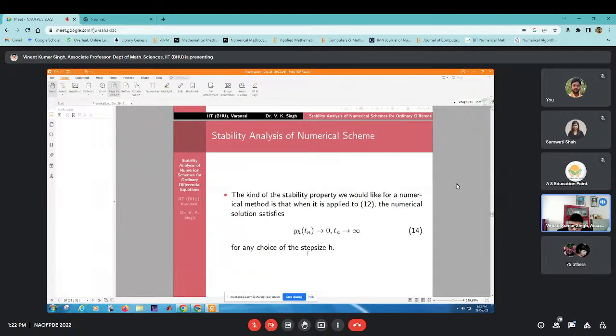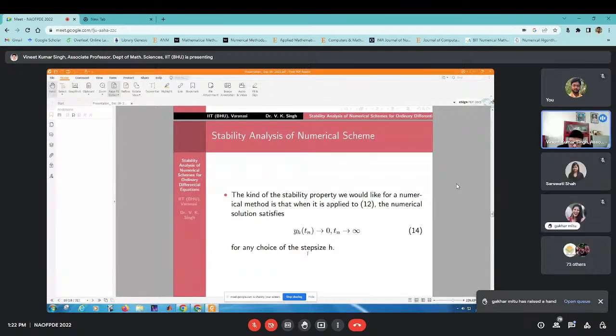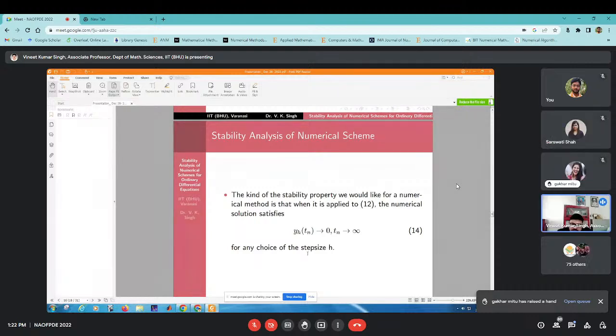If the solution behavior does not depend on the step size, is free from step size, we say that your proposed numerical solution is unconditionally stable. So in the theoretical stability analysis, there are two types we need to discuss: conditionally stable and unconditionally stable. Whenever you talk about any proposed numerical scheme, we should always discuss whether that method is conditionally stable or unconditionally stable.